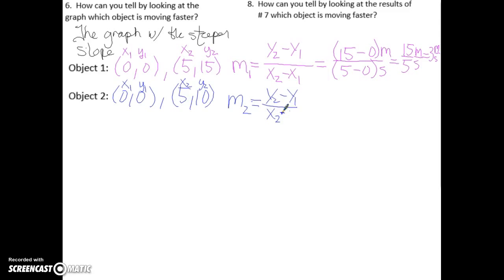On the exam, you do not have to show me the x. You don't have to show me this equation here that I'm writing down. You just go straight into the numbers.